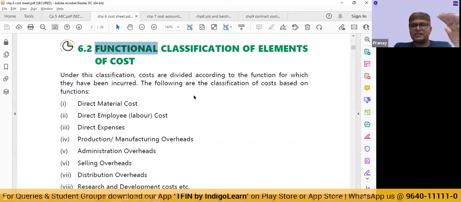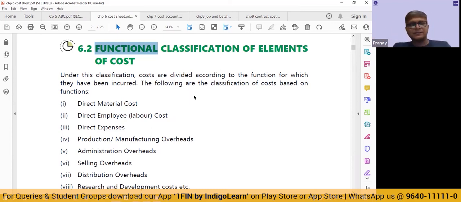Second aspect of cost sheet is, having understood the functional classification, the order in which we are going to adjust. Now see, at a very, very basic level, when we talk about closing stock, whether it is raw material, WIP, or finished goods, this is the only item which appears in my P&L and goes from one year to another.